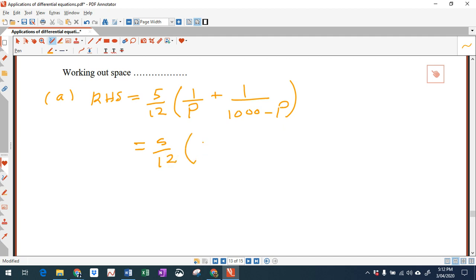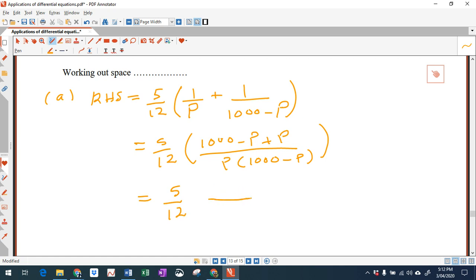So that's going to be (1000 − P + P) all over P(1000 − P). Okay, good. The numerator tidied up nicely. So now we've got 5 over 12, and then just 1000 on the top line, and P(1000 − P) on the bottom.